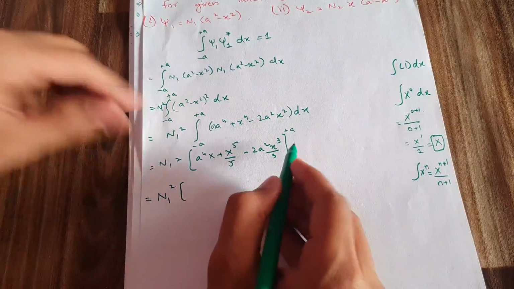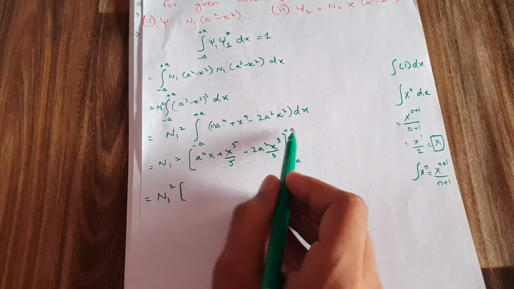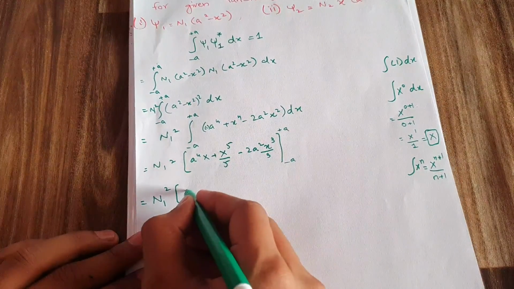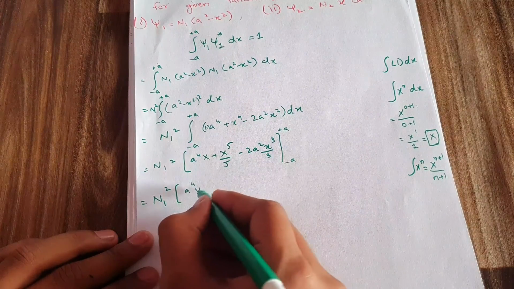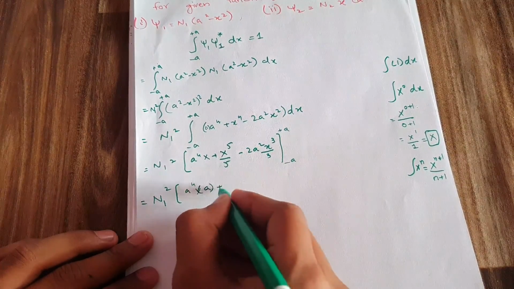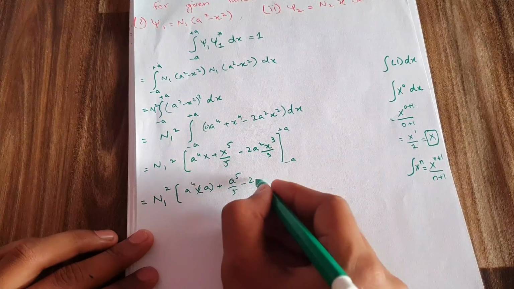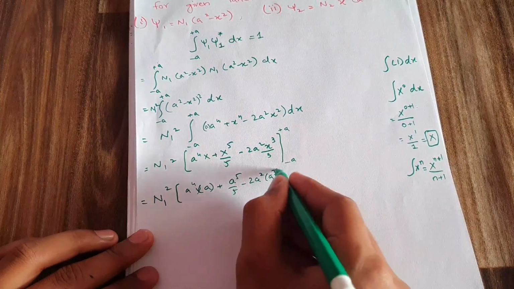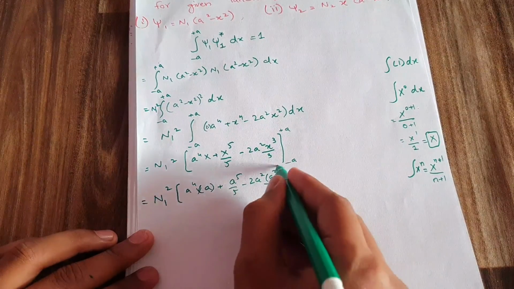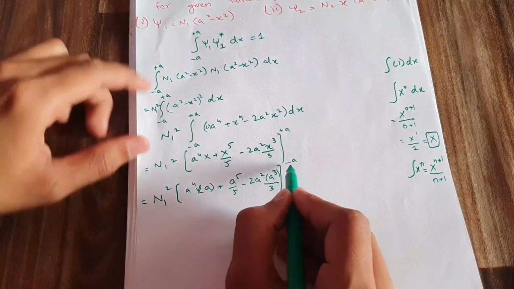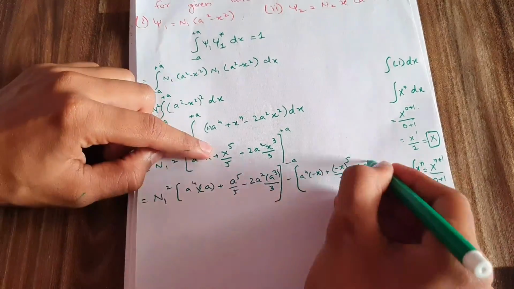Now I will first of all plug in the upper range of a in place of x. On plugging in the upper range, I get a4 times a plus a5 divided by 5 minus 2 a square a3 divided by 3. And now I will plug in the value of minus a in here.